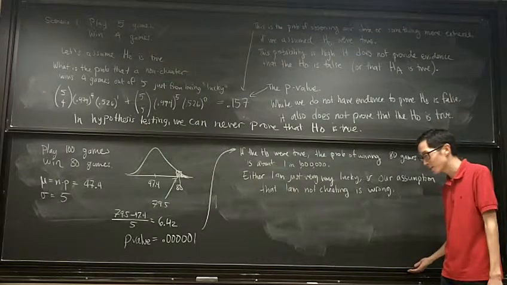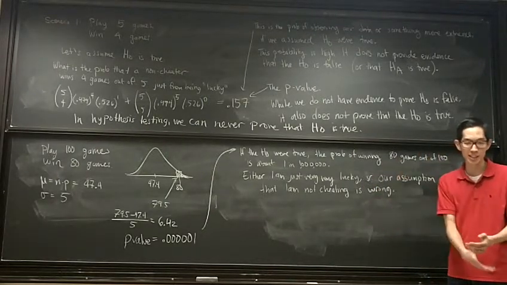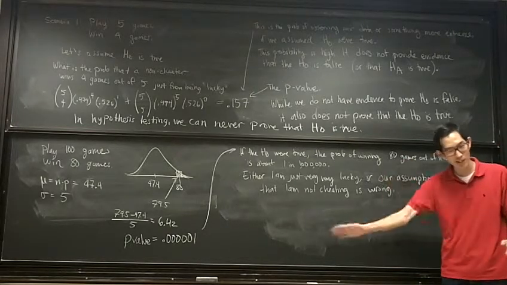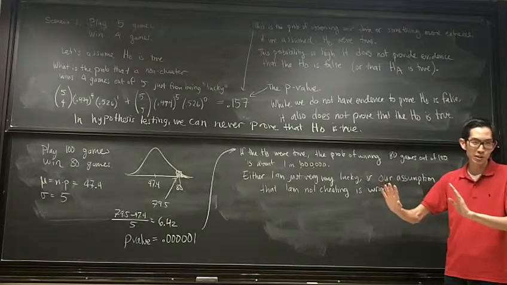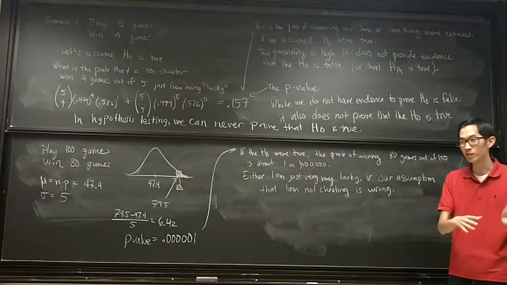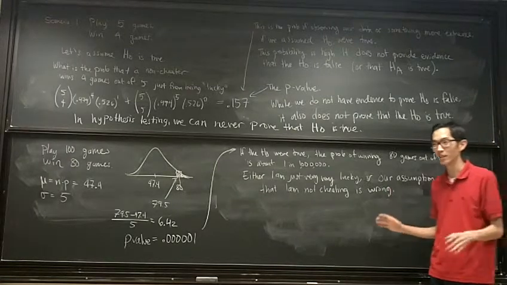But at some point we've got to draw a line and say, you know what, it's so unlikely that we're just going to say it's not a result of random chance, but something else is happening. And I think with 1 in a million it's okay to say that.